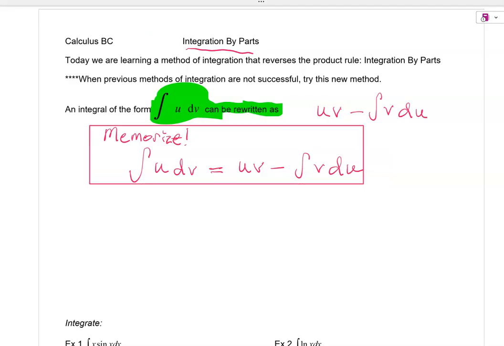There we go. Okay, so the trick, of course, is, well, wow, I'm looking at this integral, how do I select u? Here's a little guidance. To select u, we're going to look at an integral, and we're going to look inside of that. There is an acronym that we can use, LIATE.